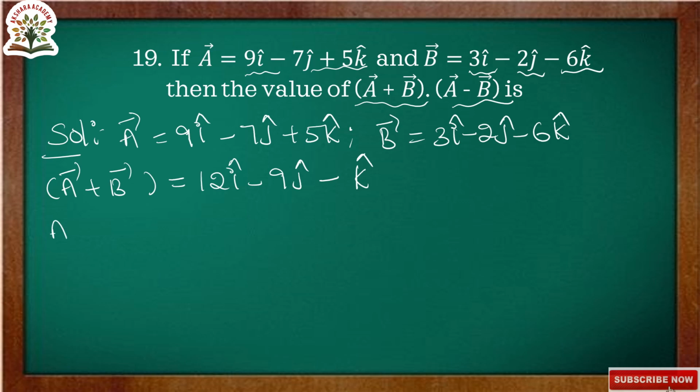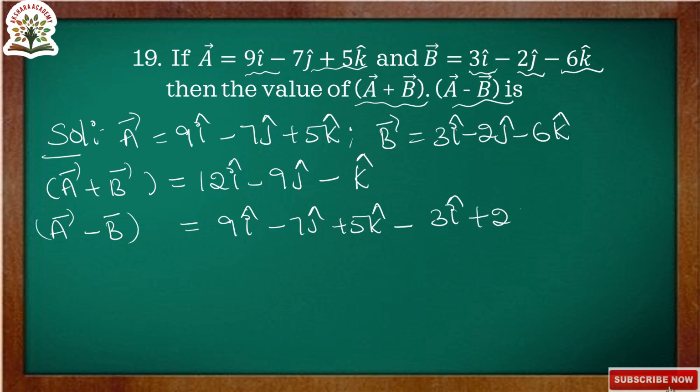And now we are finding A bar minus B bar, that is equals to A bar, nothing but 9 I cap minus 7 J cap plus 5 K cap, minus of 3, B bar nothing but 3 I cap, here minus minus plus 2 J cap, here minus minus plus 6 K cap.